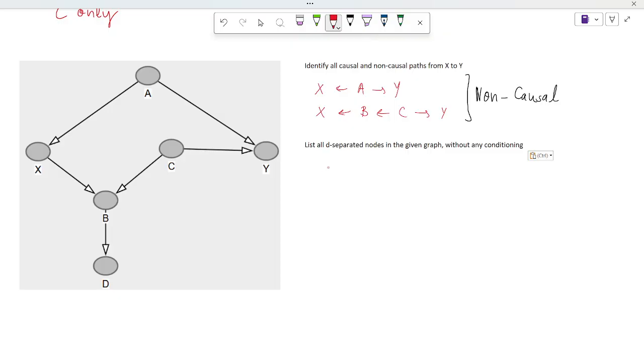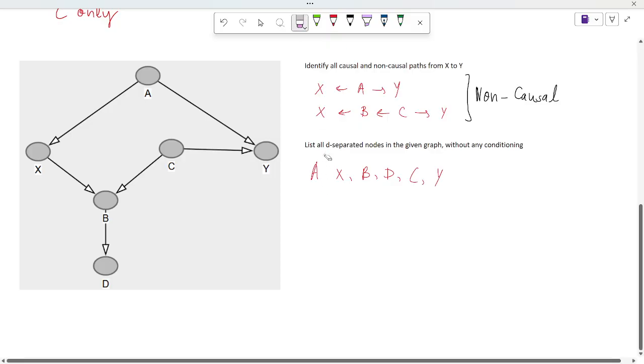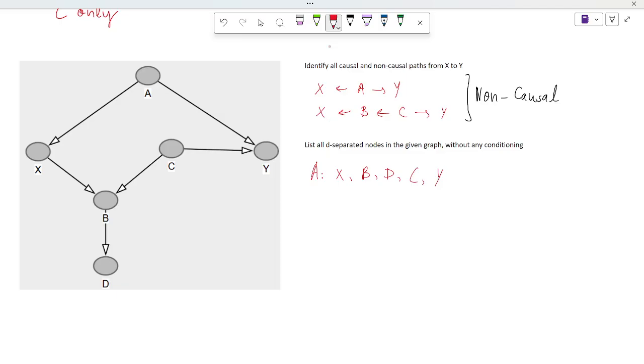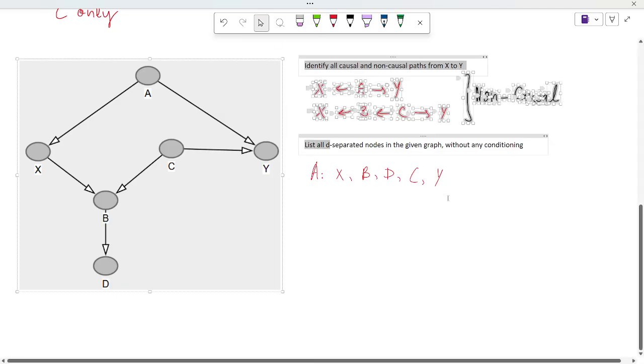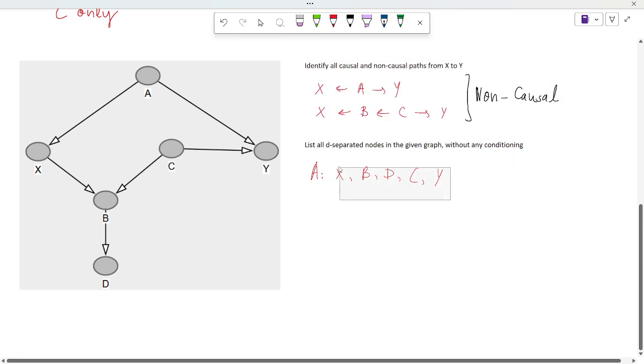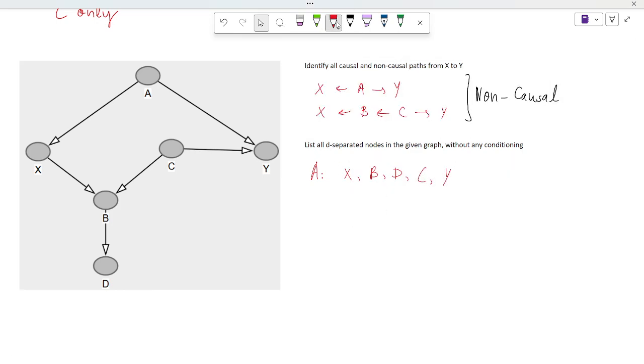So essentially that means maybe you can start with A and then you can check A against X, B, D, C, and Y. Similarly, next you can check for X, and since we've already checked X against A, we're going to check B, D, C, and Y.